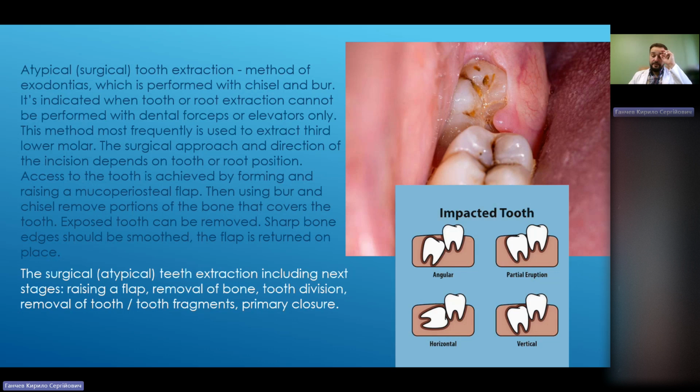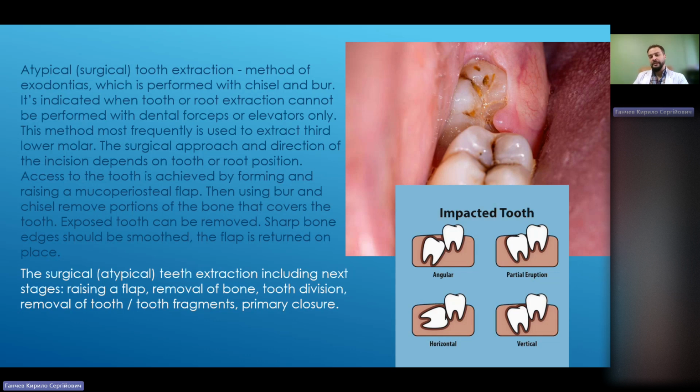The last topic of this lecture is about atypical tooth extraction. An atypical tooth extraction is a method of exodontia which is performed with chisel and bur. It happens when you cannot remove or extract the tooth with forceps.